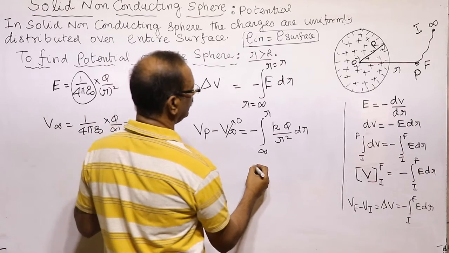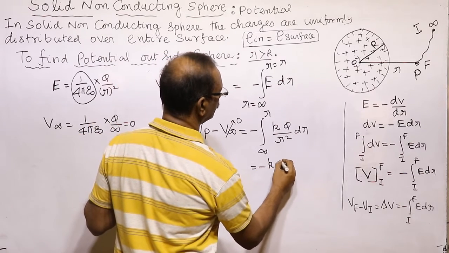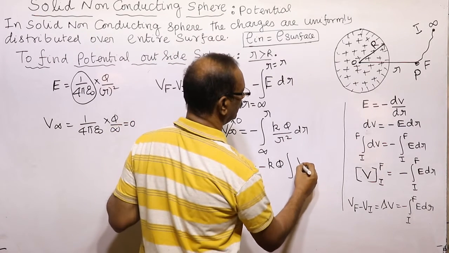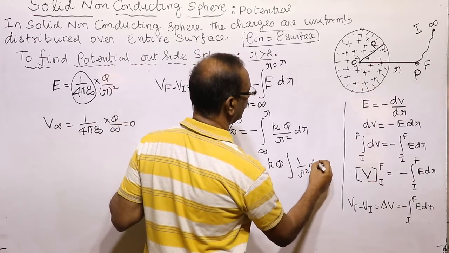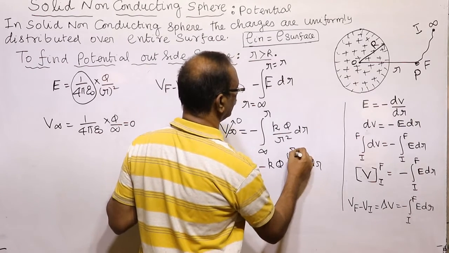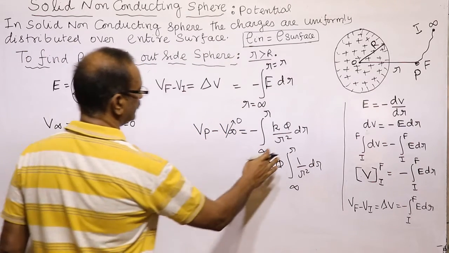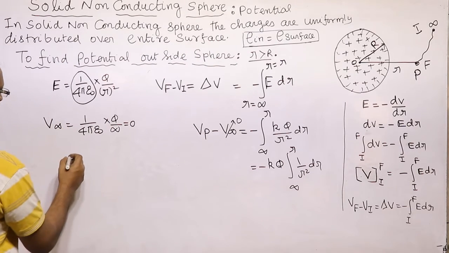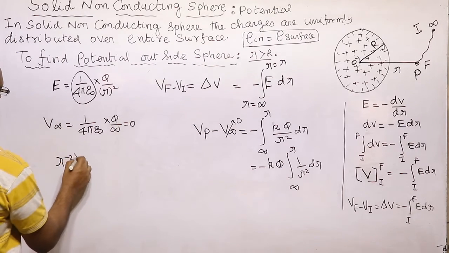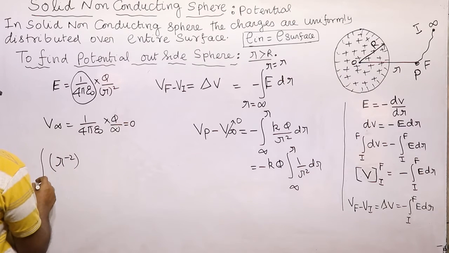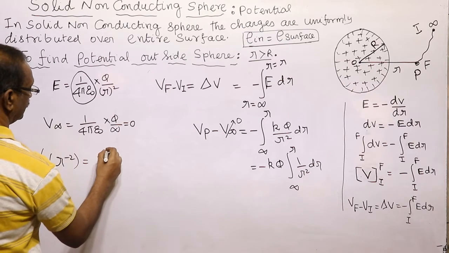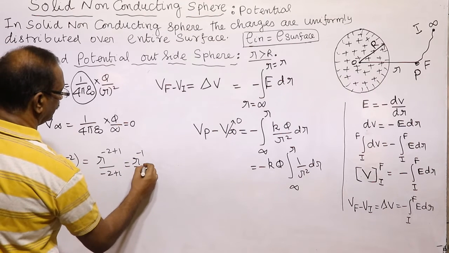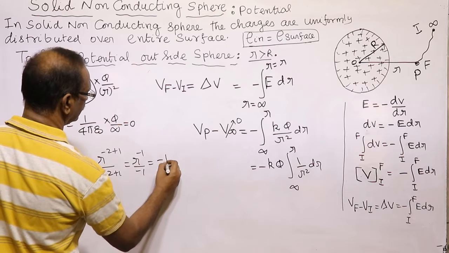Now we can take K outside: minus K Q into the integration of 1 by r squared dr, from infinity up to the point. We have seen several times how to integrate this. 1 by r squared can be written as r to the power minus 2, and on integrating this we get r to the power minus 2 plus 1 divided by minus 2 plus 1, which is r to the power minus 1, that is minus 1 by r.